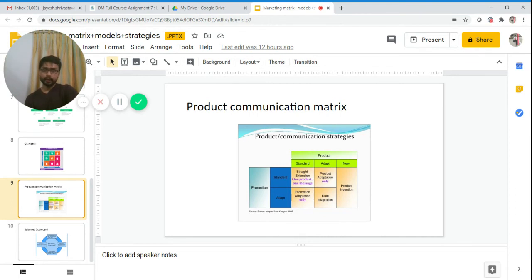So you are using the same communication strategy, but you are changing your product because of a different demand in a local area. Then we have product adaptation and communication adaptation, that is dual adaptation. This could be required when you are venturing out into a completely new cultural as well as physical environment. So you might have to change your product as well as your communication strategy.